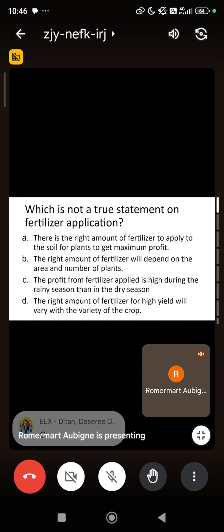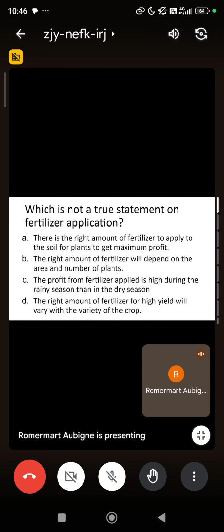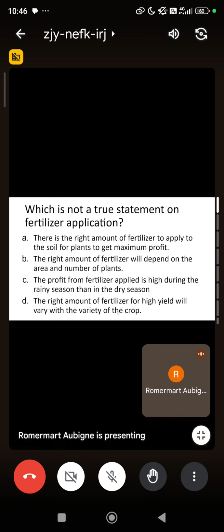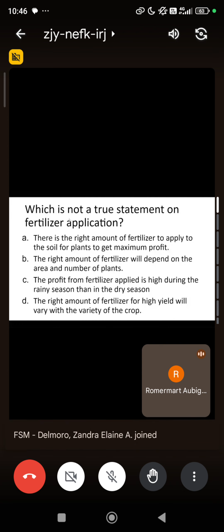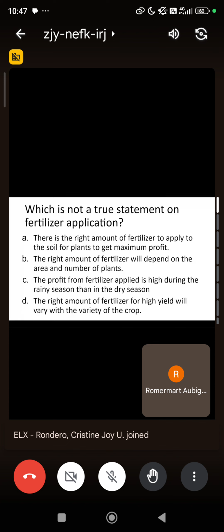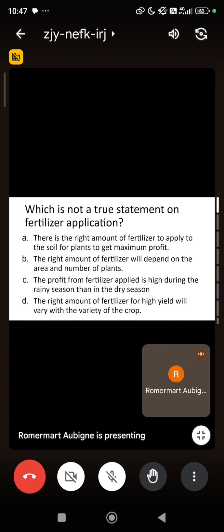So, hindi po natin sagot. The right amount of fertilizer for high yield will vary with the variety of crop, which is also true. So, pag nabasa nyo na yung statement na mali, yun agad yung sagot natin, then we can now proceed to the next question. Huwag natin masyadong tambayan yung mga questions, lalo na kung nakuha na natin agad yung sagot.